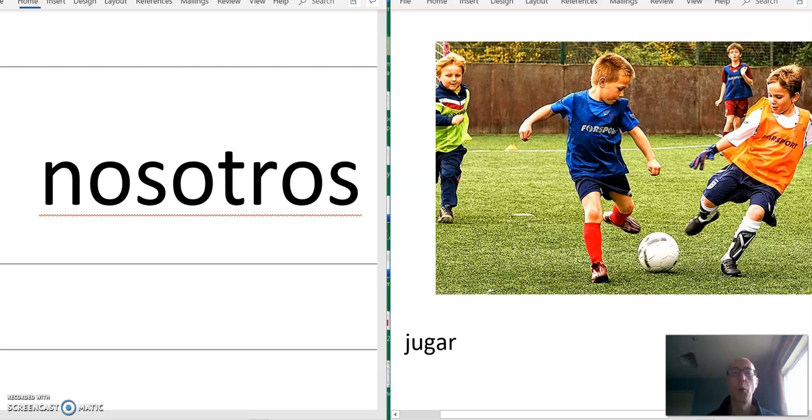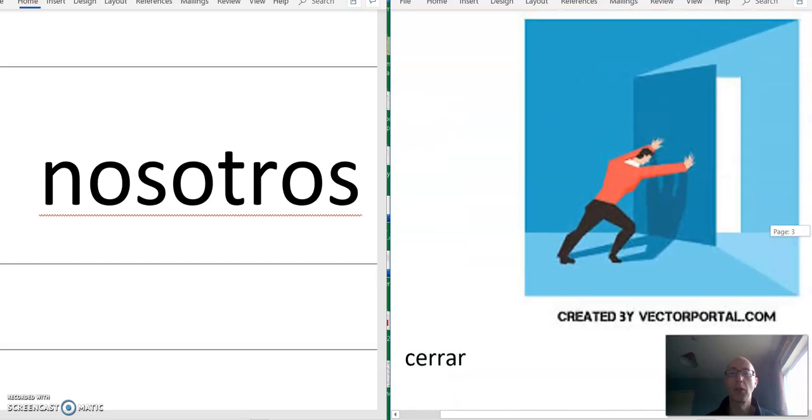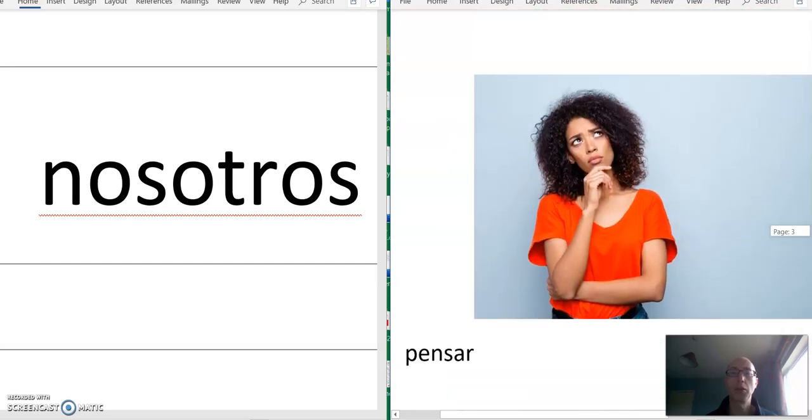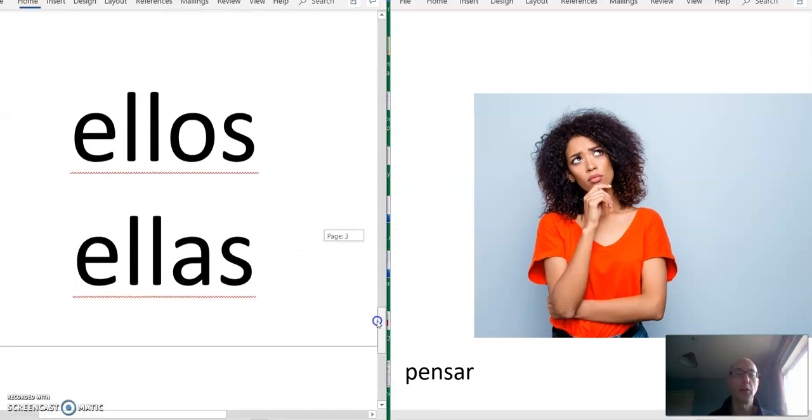Nosotros jugamos. Nosotros dormimos. Nosotros pensamos.